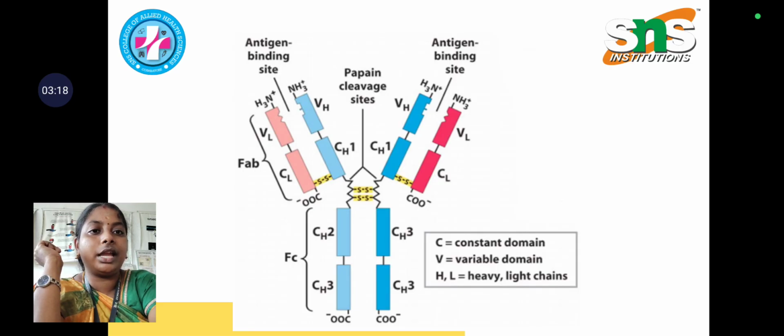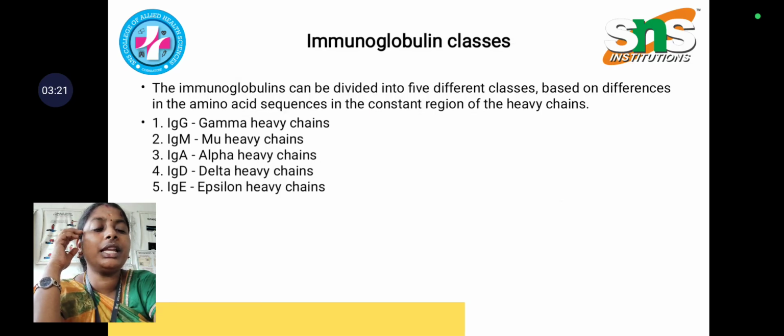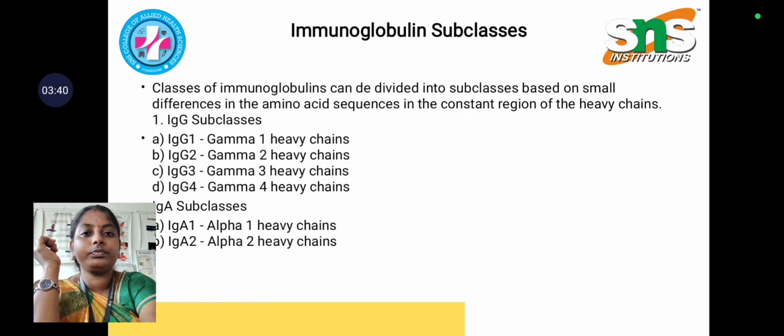forming the reaction. And coming to the classes, we have 5 classes of immunoglobulin: IgG, IgM, IgA, IgD and IgE, where G represents gamma, M represents mu, A represents alpha, D represents delta and E represents epsilon.